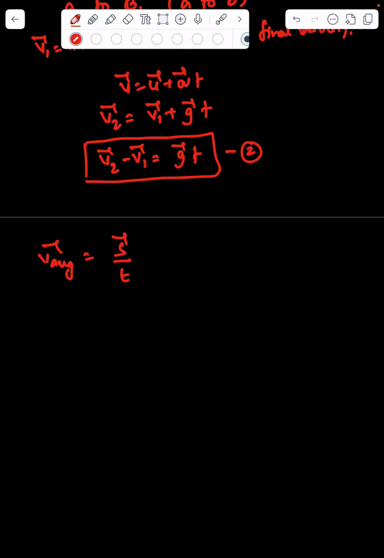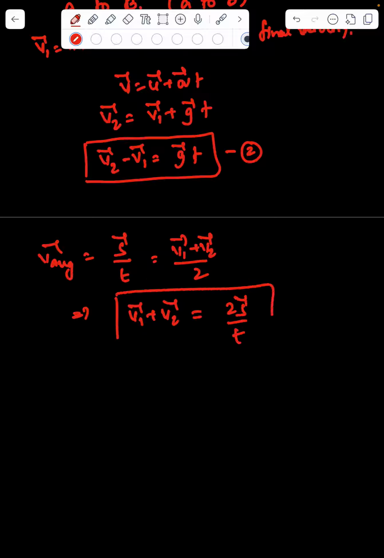But in any uniformly accelerated motion, average velocity can also be calculated as first velocity plus last velocity by 2. So v1 bar plus v2 bar is equal to 2 S bar by t. This is the third equation.